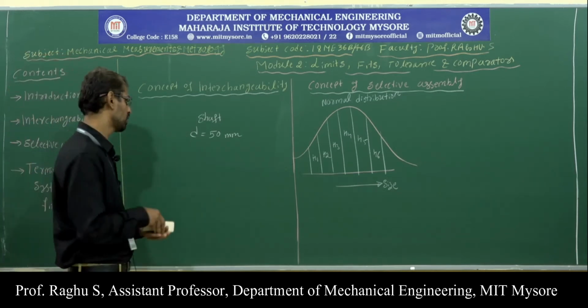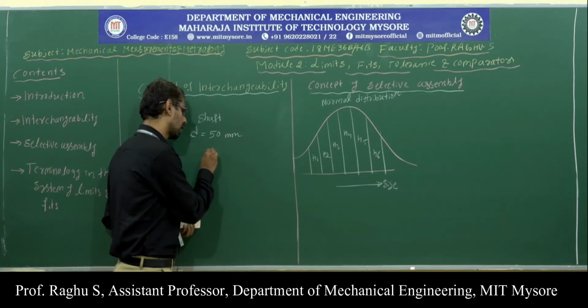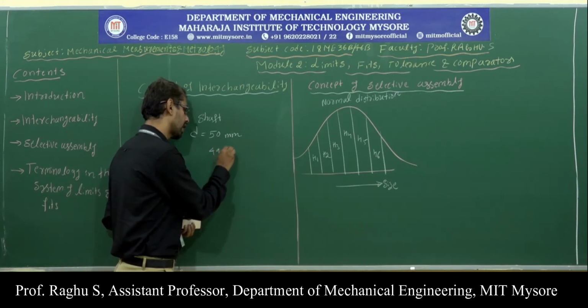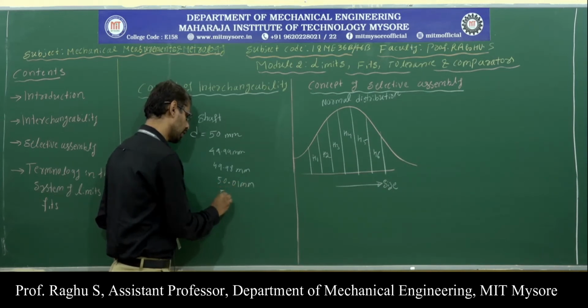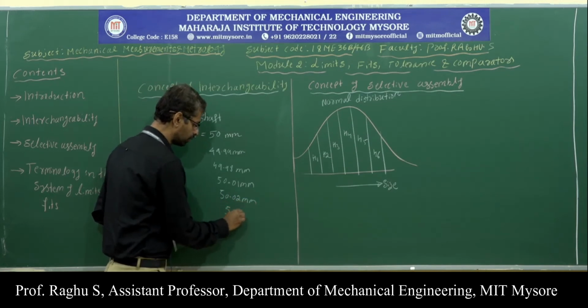Sometimes machines may produce 49.99 mm, or 49.98 mm, or sometimes 50.01 mm or 50.02 mm, or sometimes exactly 50 mm.